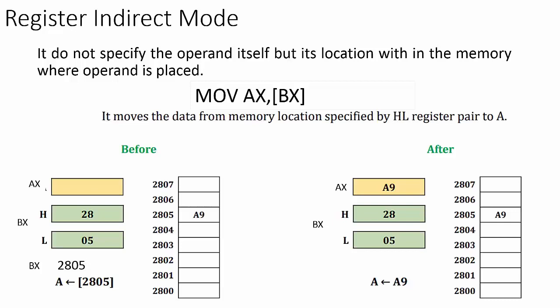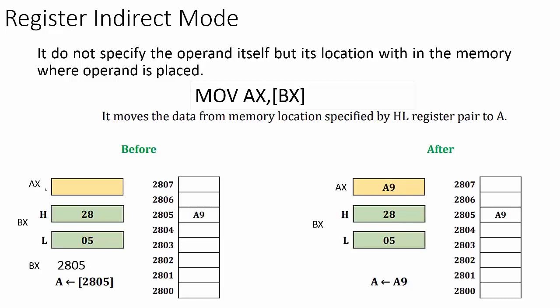As I already discussed in the previous slide, in the register indirect mode, whatever contents are present in the register are not the operand, but the actual address of the main memory. So let's discuss its example. Move AX comma [BX]. AX is a register, BX is also a register, but notice that the BX register is inside the square brackets, which represents the indirect addressing mode.